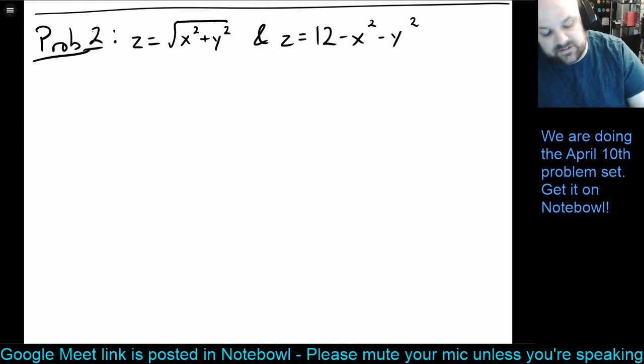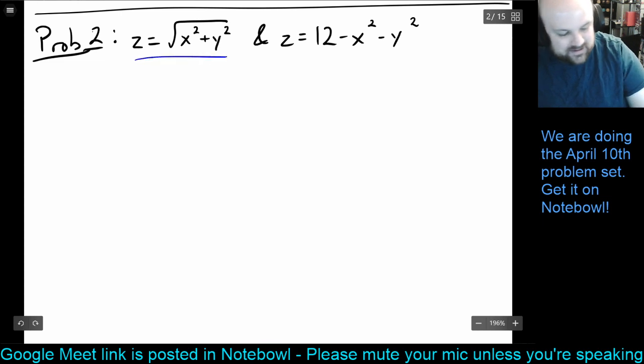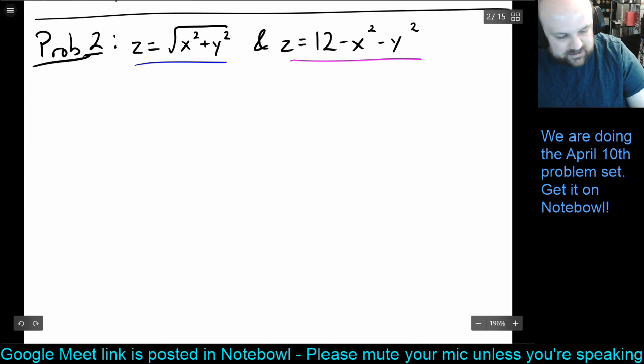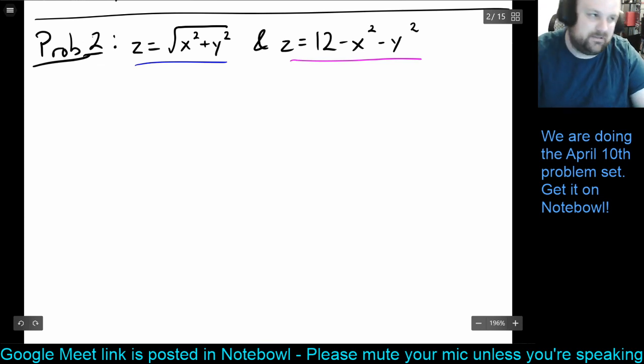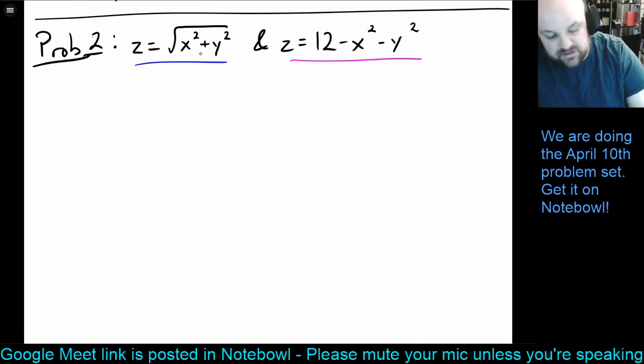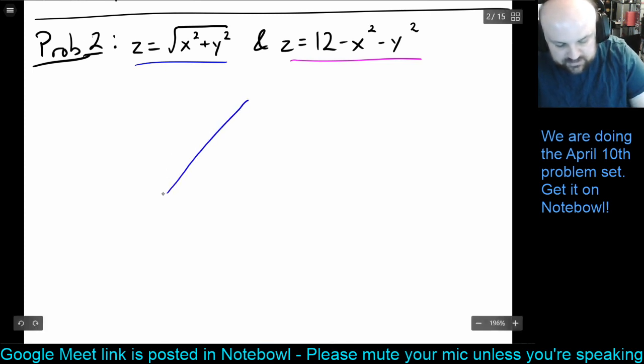So first things first here, we should figure out, what does the solid look like? So a rough sketch of this. Let's use blue and pink, I suppose. I'm going to draw the shapes without the axes first. So this cone right here looks something like this.